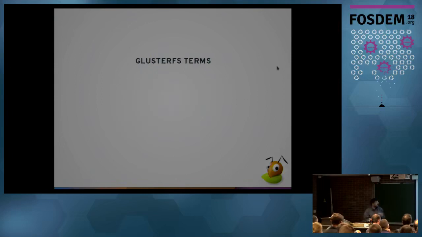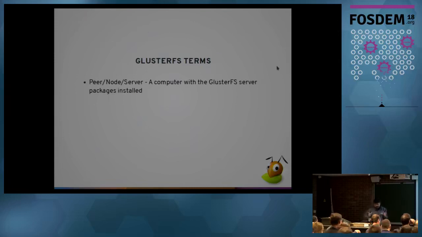Okay, some terms to help understand things later in the presentation. In Gluster terminology, we have peers or nodes or servers. I use them interchangeably. A Gluster server is a computer which has the Gluster server packages installed.